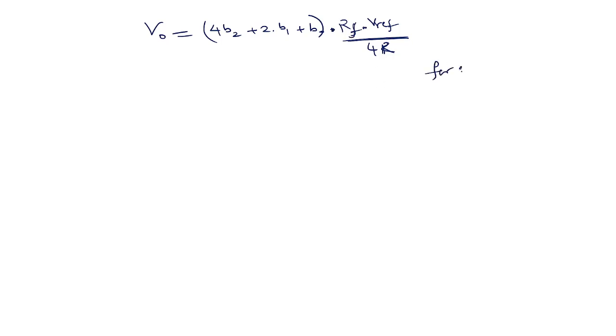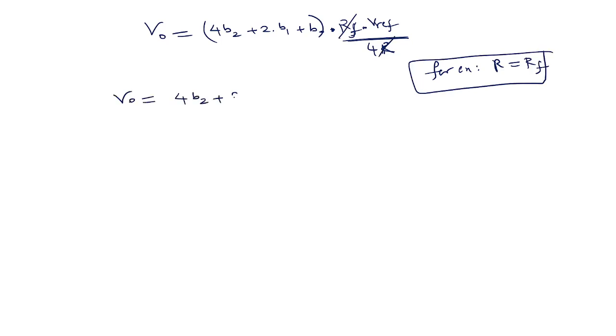For example, if I take R equal to RF, these two cancel out. V0 is (4 times B2, 2 times B1, 1 time B0) into V reference divided by 4.